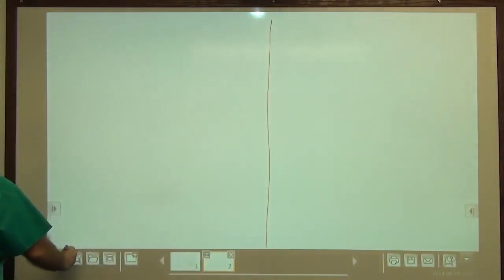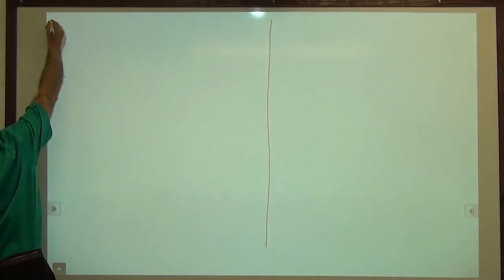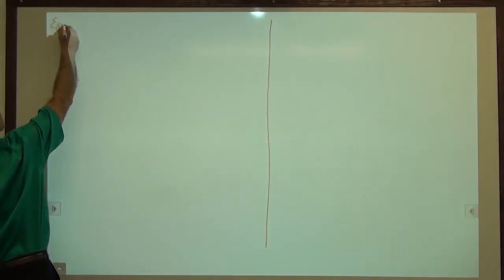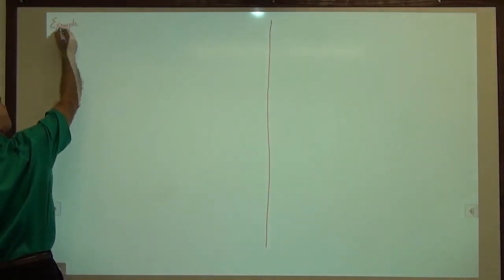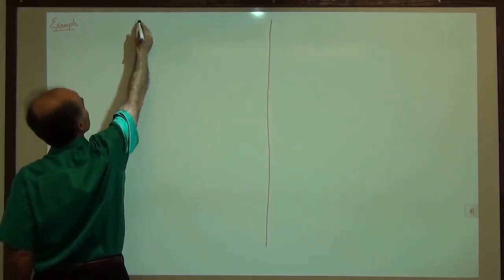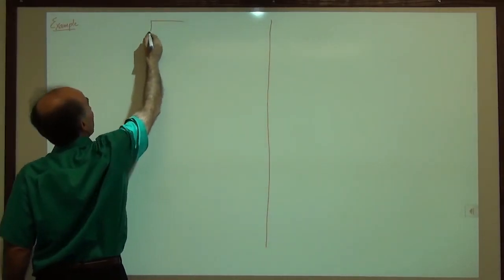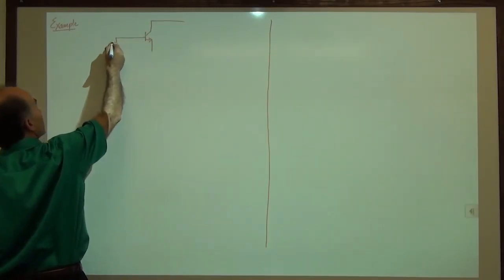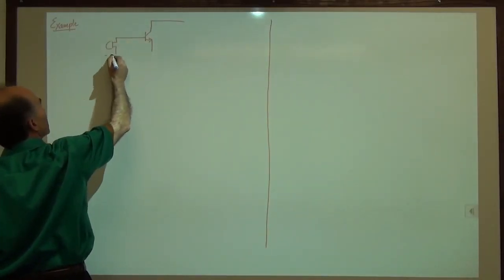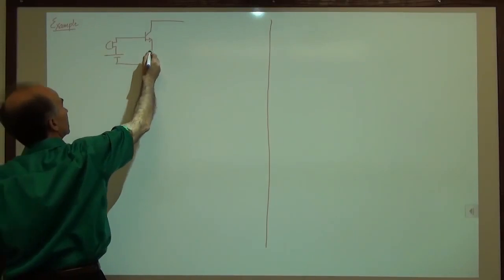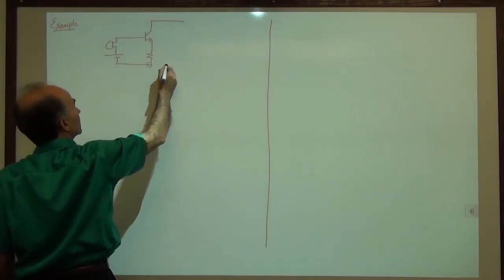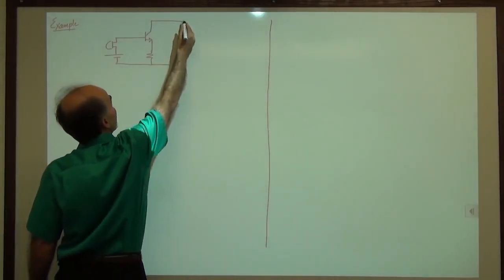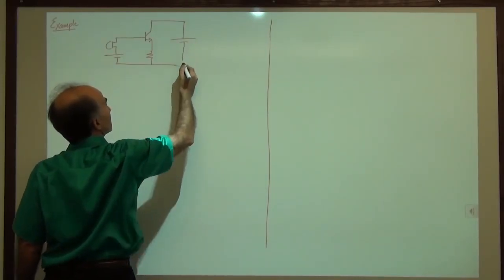All right, so here's the next example. We have our bipolar transistor, and we have a microphone here, and the same battery as before, a resistor here, and another battery here.